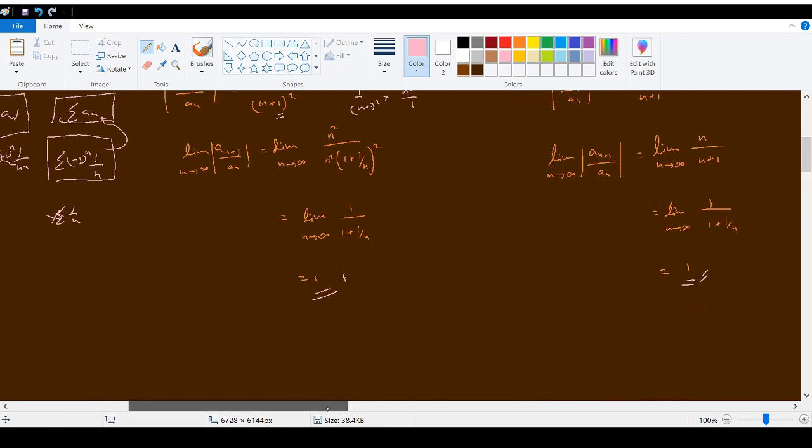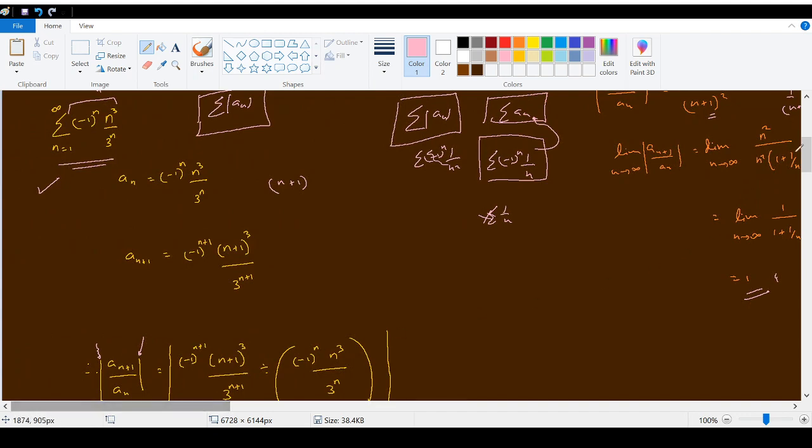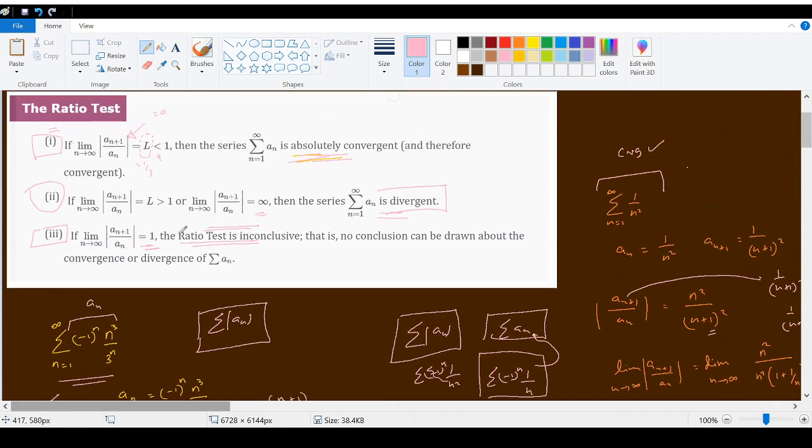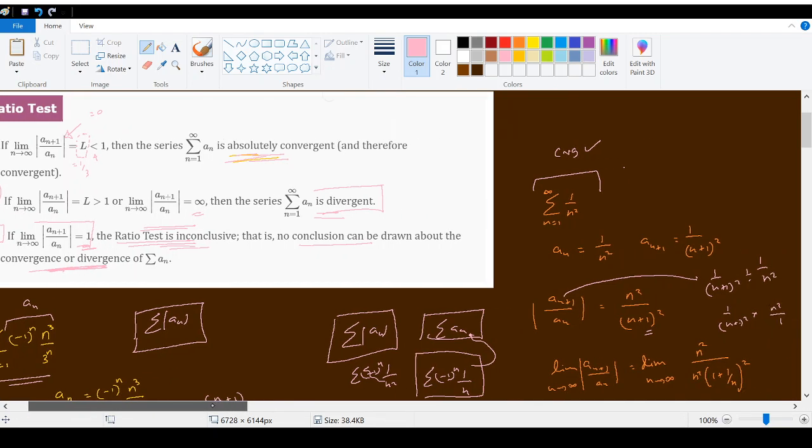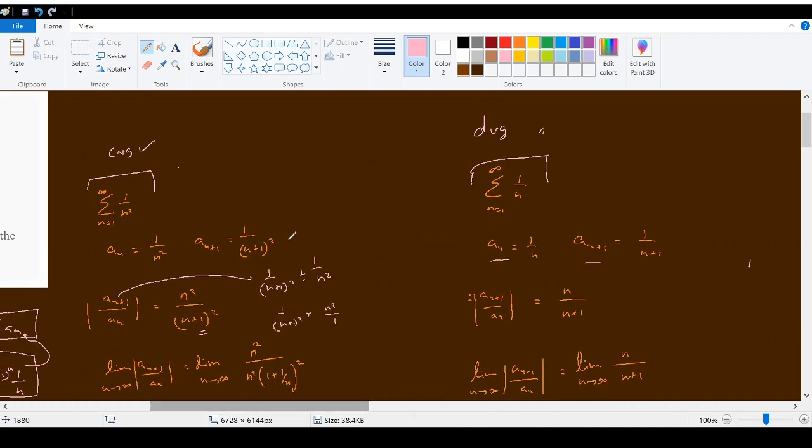Okay, now let's see what it says in the theorem. If the answer is equal to 1, it says the ratio test is inconclusive. That is, no conclusion can be drawn about the convergence or divergence. If you get the answer as 1, it can either be a converging series or a diverging series.